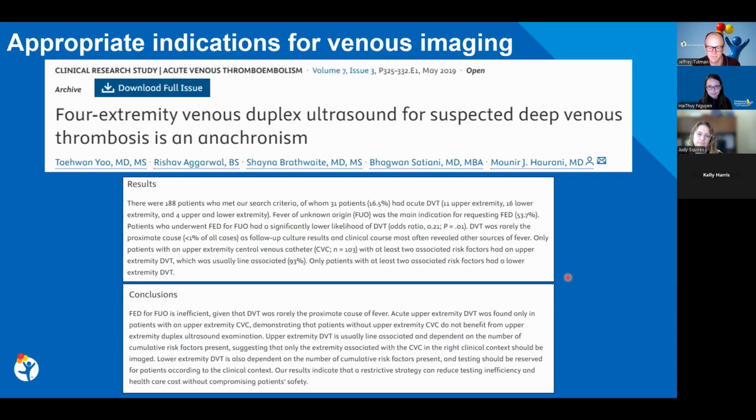And quite frankly, I don't know that we've ever actually found something on these four-extremity Dopplers. You might have more on that, Dr. Tupman, but from when we talked about this last, it's pretty much just a screening exam. And I do think the ordering providers just truly don't understand the complexity of it for the sonographers and how long it takes.